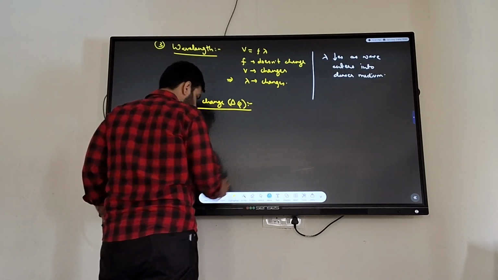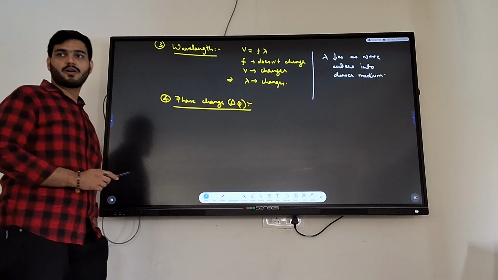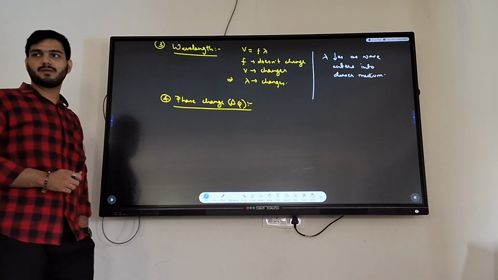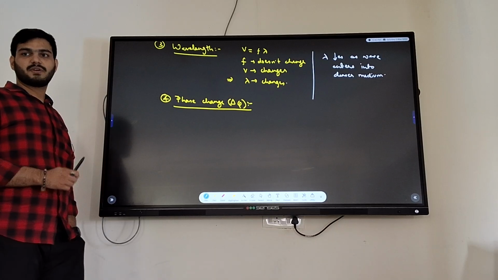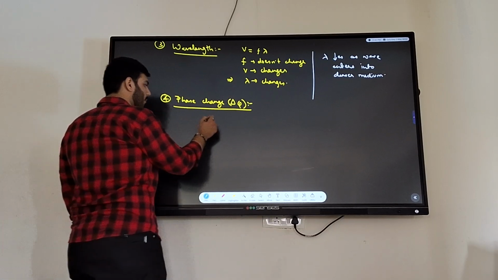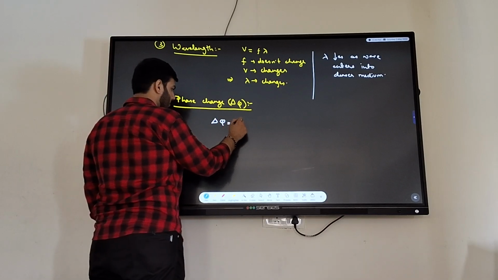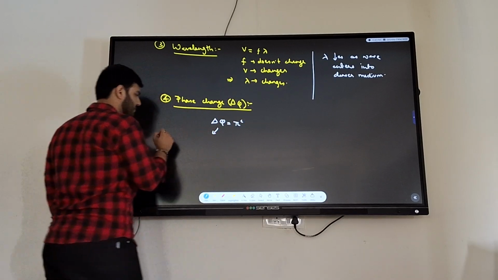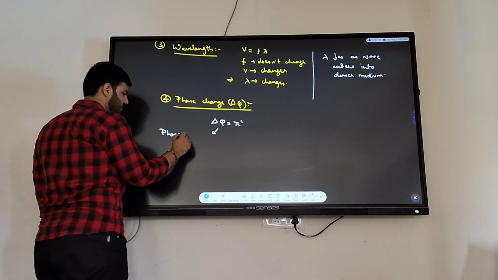And phase change between what and what? You have to compare between two things. Between the incident wave and the reflected wave. So this is the phase difference.